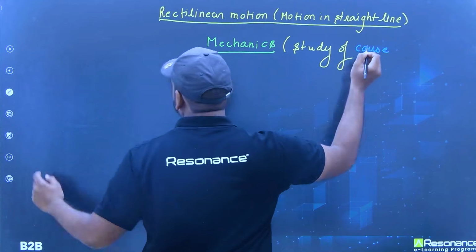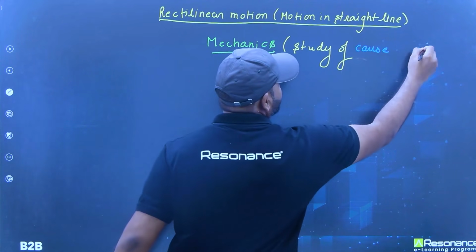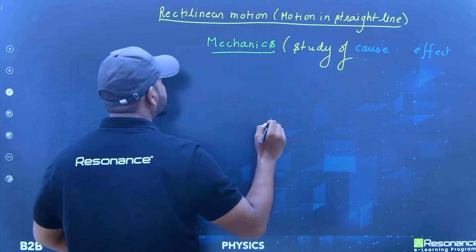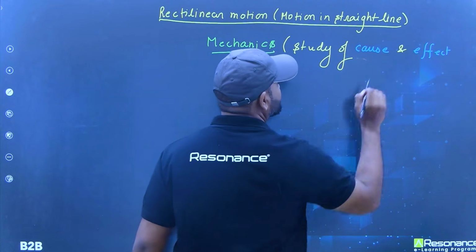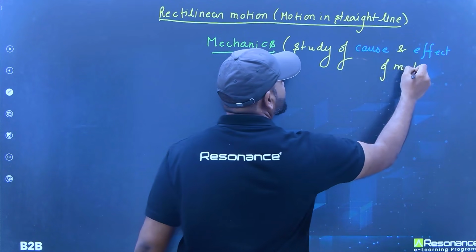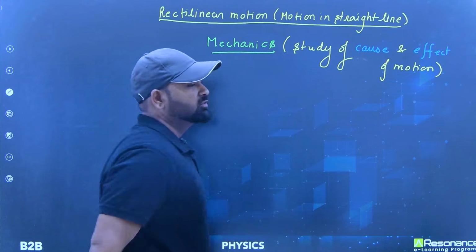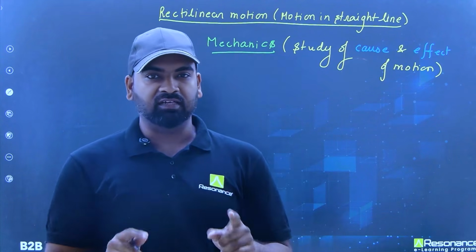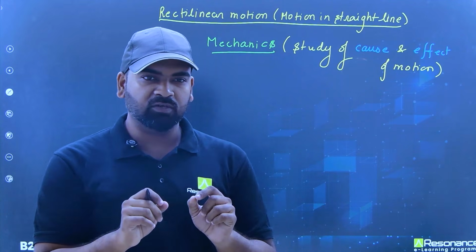cause and effect of motion. I guess the blue font is not much visible. I hope it's visible. Motion basically means something is moving, something is changing its state, and cause and effect. Now, these two words are important for us.